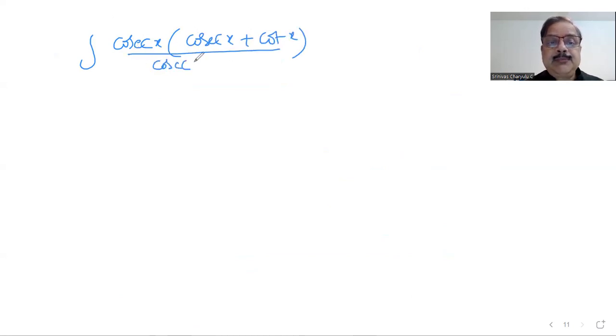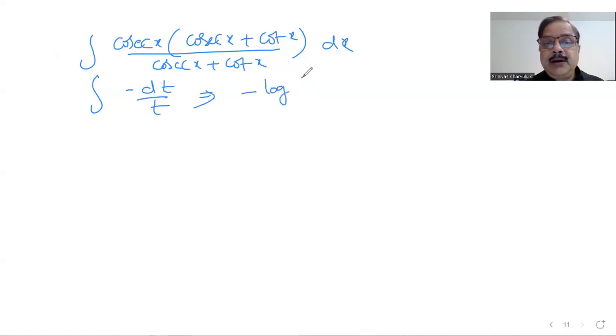So integral cosecant x into cosecant x plus cot x divided by cosecant x plus cot x. This is what we are having. So this one I'll write now minus dt divided by t. This becomes minus log t plus c. So minus log t is what?